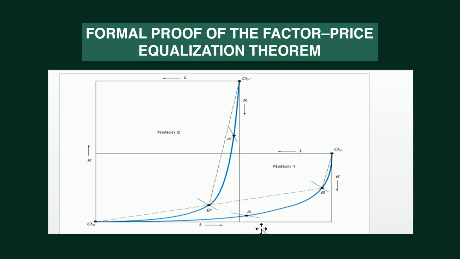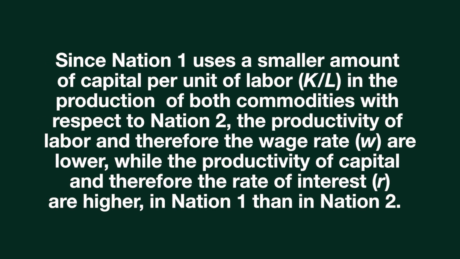Now, since nation 1 is using a smaller amount of capital to produce the good, we have a very low capital labor ratio in country 1, and the productivity of labor and therefore the wage rate is also lower, while the productivity of capital and the rate of return is higher in nation 1 compared to nation 2.